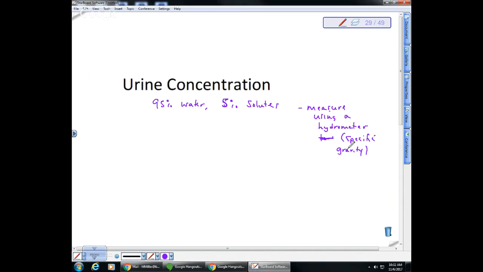Okay, so some solutes that we have to get rid of in the urine are urea. The color of the urine is called urochrome. This is actually a pigment derived from hemoglobin.